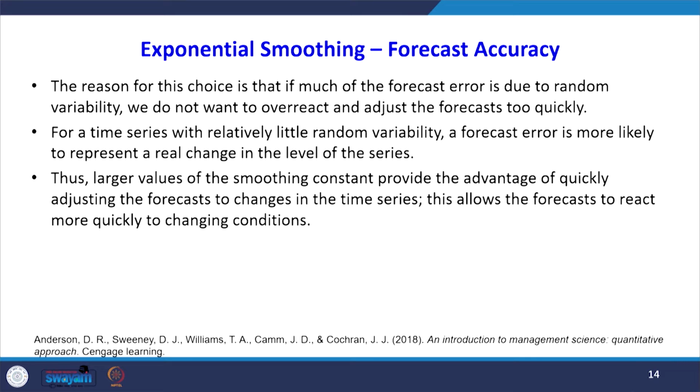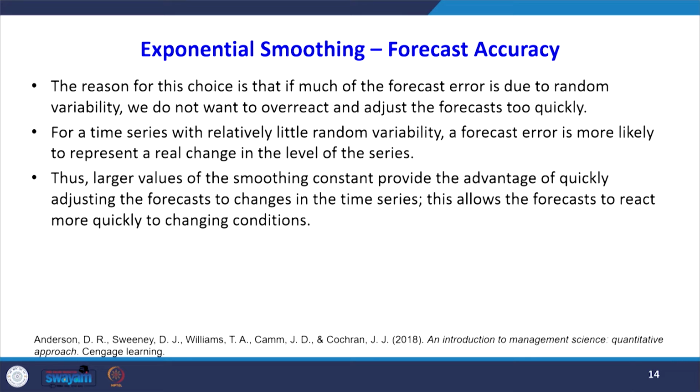For a time series with relatively little random variability, a forecast error is more likely to represent a real change in the level of the series. Thus, larger values of the smoothing constant provide an advantage of quickly adjusting the forecast to changes in the time series. So, this allows the forecast to react more quickly to changing conditions.